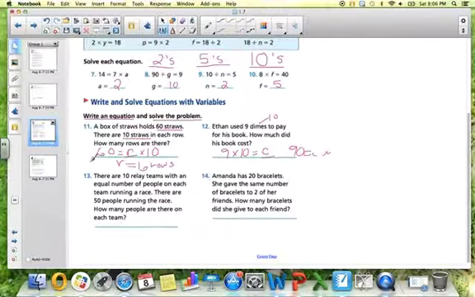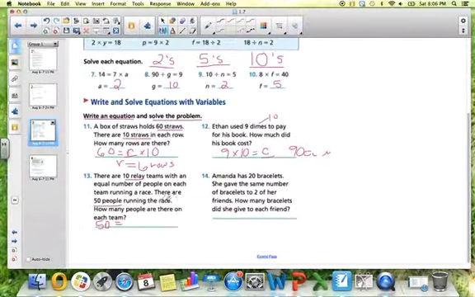Okay, number 13. There are 10 relay teams with an equal number of people on each team running a race. There are 50 people running the race. How many people are there on each team? So we have 10 relay teams, and there are 50 people running in the race. So we know that the total is 50. Writing it backwards again.